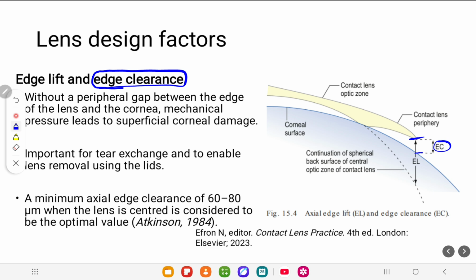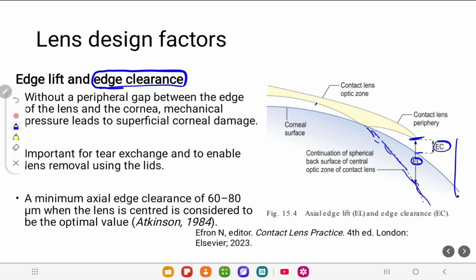Now we have to imagine something. Edge lift is when, this is the base curve, this is the first curve, you extend the base curve, and the edge of the contact lens is measured directly, see, parallel with the optical axis. That's why it's called axial edge lift. Whenever it's parallel with the radius, we call it radial edge lift. So you take the extreme edge of the contact lens and that dashed line, where you extend the BOZR.